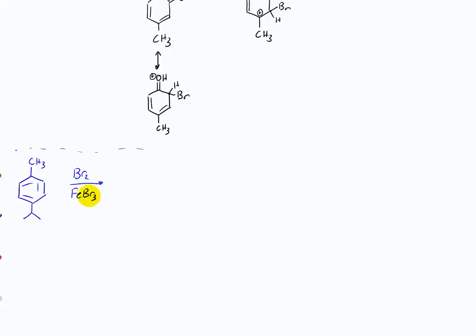What's going on here? So what about that one? What do you see there? Again, two possibilities, right? Is there much of a difference in the directing power of these two substituents?